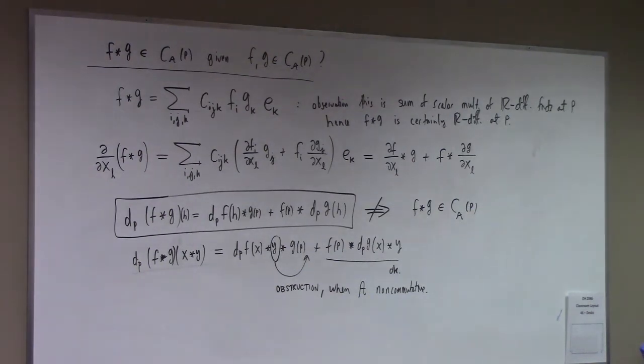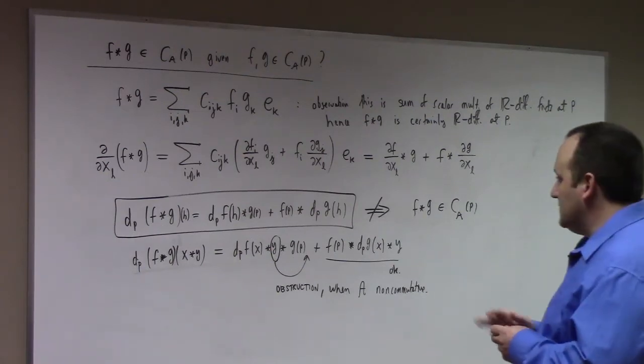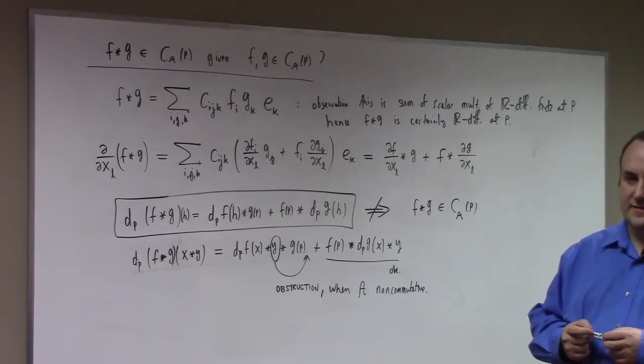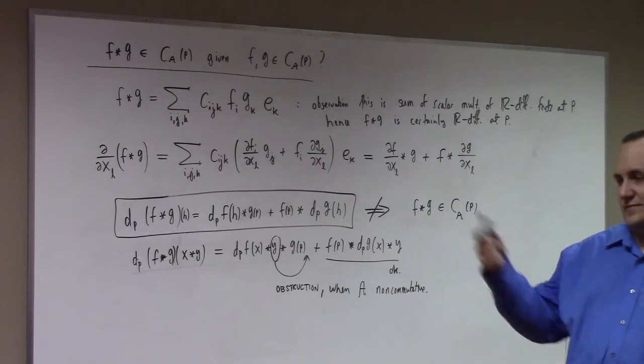In the non-commutative case, it can be shown, if the algebra is what's called semi-simple, that the only a-differentiable functions are merely linear functions. You don't even have quadratic a-differentiable functions in the semi-simple non-commutative case. Now, if you're not restricting your algebras to be the semi-simple ones, then there are in fact lots and lots of functions whose product is a-differentiable. My example is one of those.